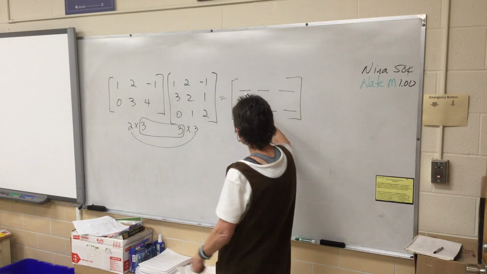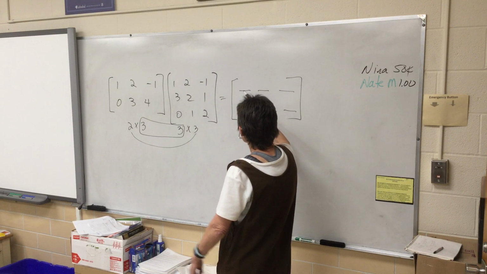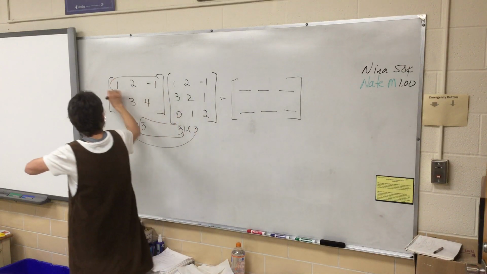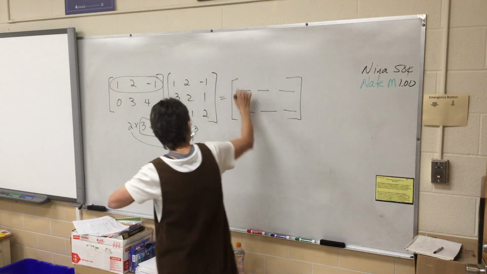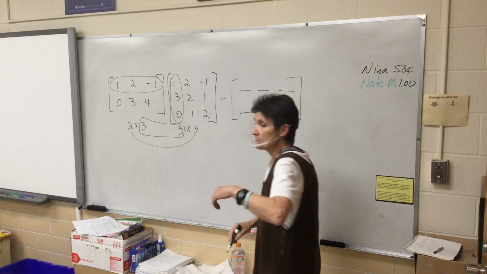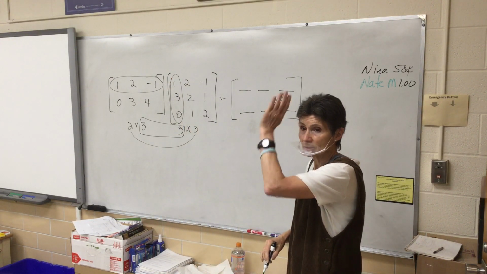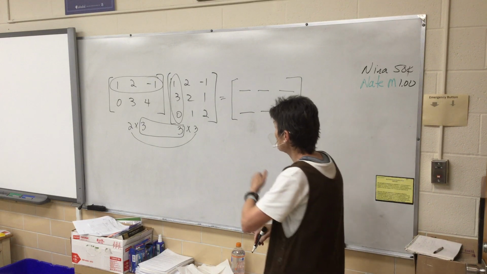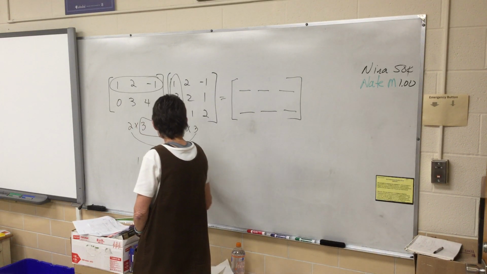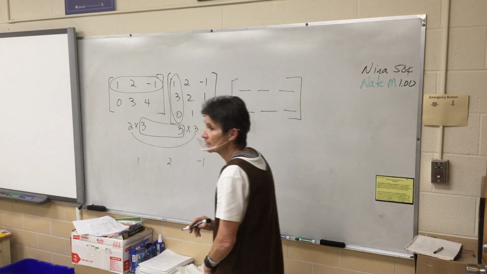To fill in these numbers, that's what you have to find, is all these numbers. Pick a spot. I'll just pick this one. It's in the first row and the first column. So rows, columns. So I am going to take my first row, which is 1, 2, -1.